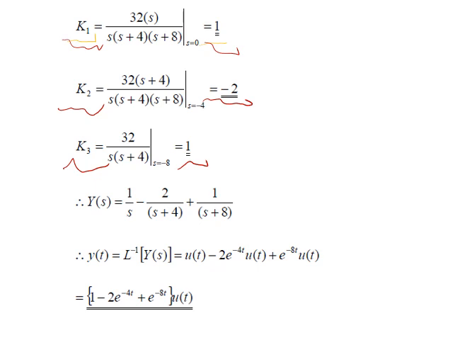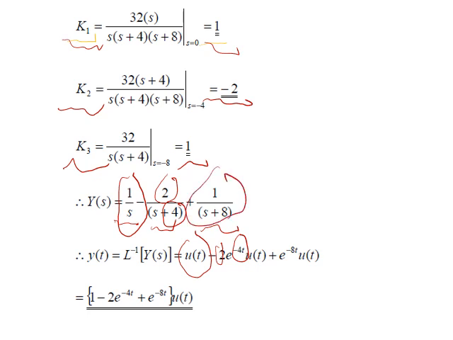We will get y of s equal to 1 over s minus 2 over s plus 4 plus 1 over s plus 8. Now, if we compare the quantities with the table given earlier, 1 over s is a unit step, so it is equal to u of t, and 2 over s plus 4, 2 is the constant, so 2 remains as it is, and it's exponential of minus 4t, times u of t, and plus this value, the constant is 1, exponential of minus 8t.